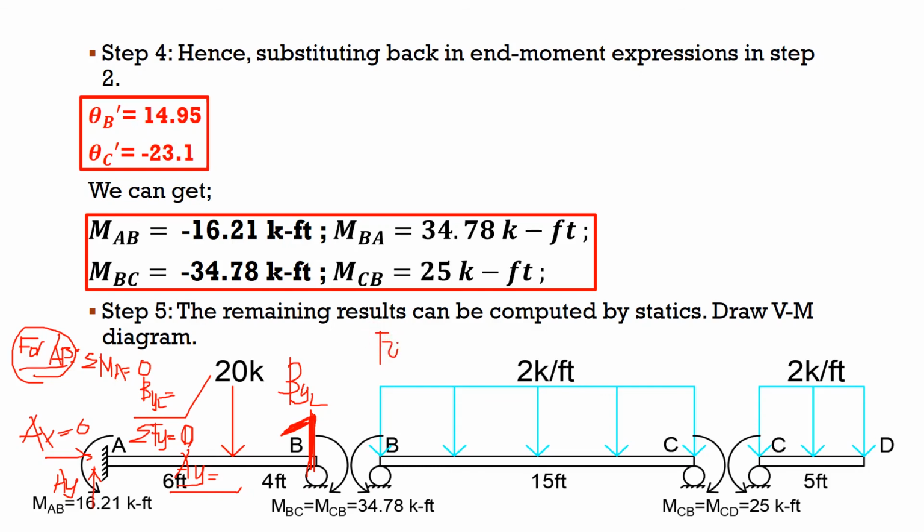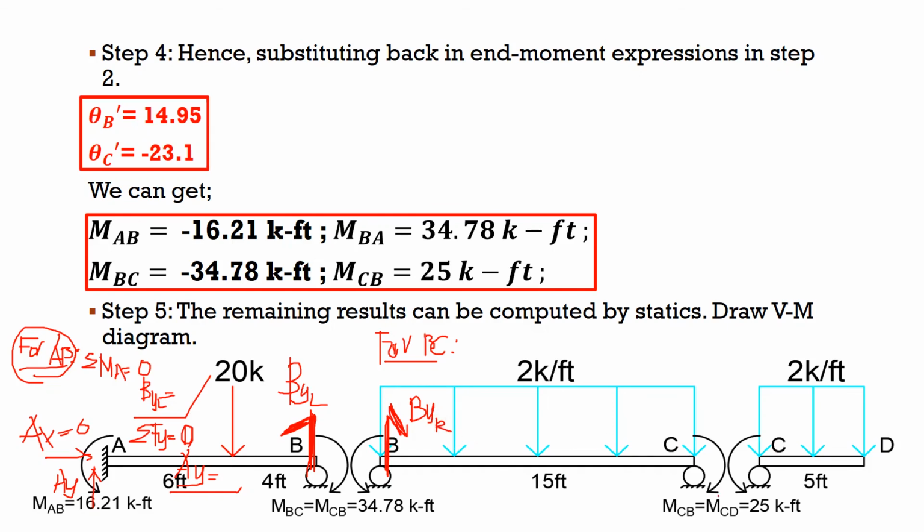So for BC, guys, again you have the roller supports at B and C. What you get at B is BYR, or right. Okay? So BYR.